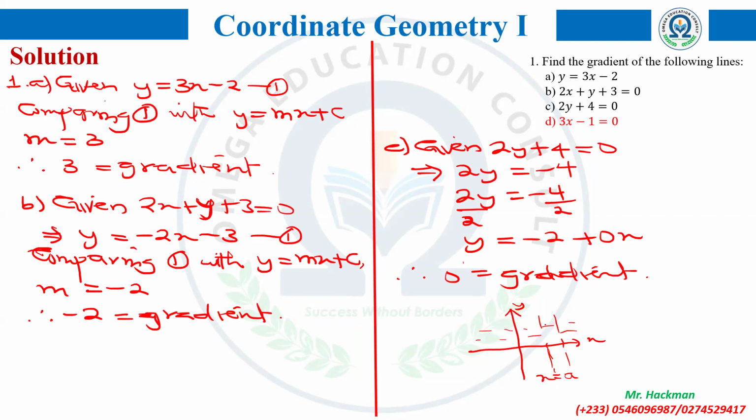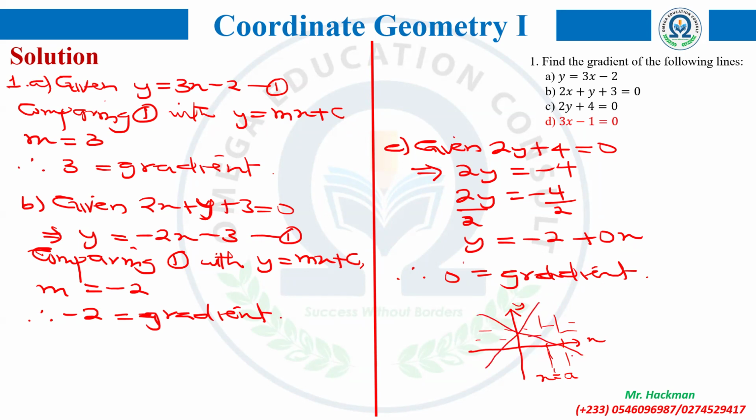The y-intercept basically means where the line meets the y-axis. So if your line is vertical, it means that line is parallel to the y-axis. It can never meet it for you to get the y-intercept. So if your line will meet the y-axis for you to get the y-intercept, then it should be a horizontal line or diagonal line.